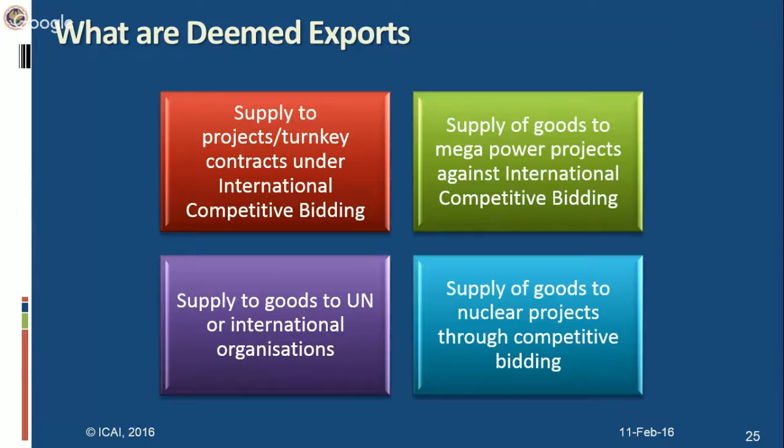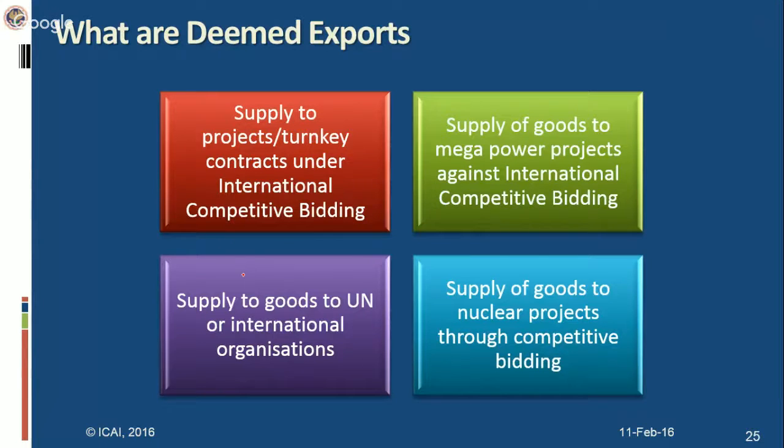Supply of goods to such projects or turnkey contracts under international competitive bidding will also qualify for deemed exports. So if we have supplied any goods to projects financed by the World Bank or international finance organizations, wherein international competitive bidding is held, that will qualify as deemed exports.